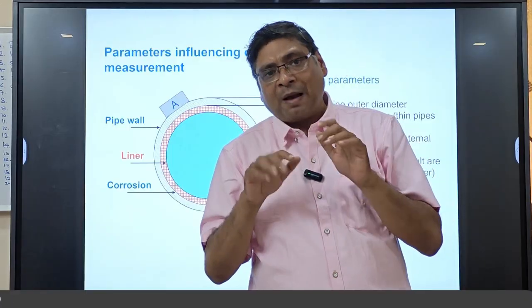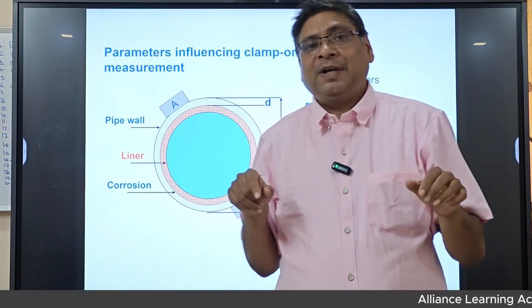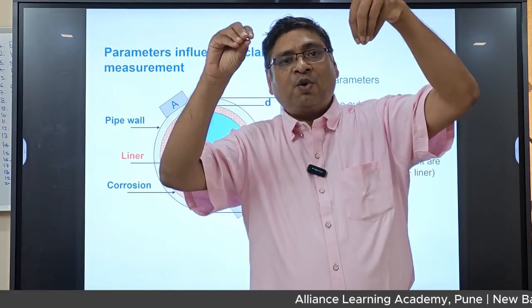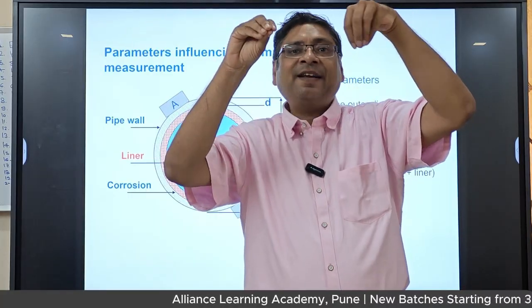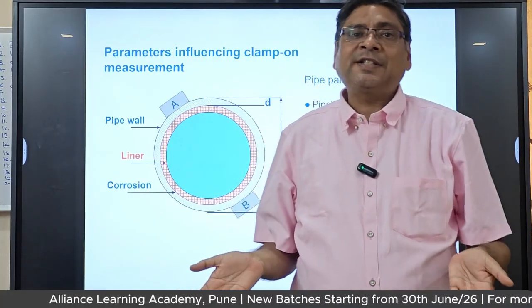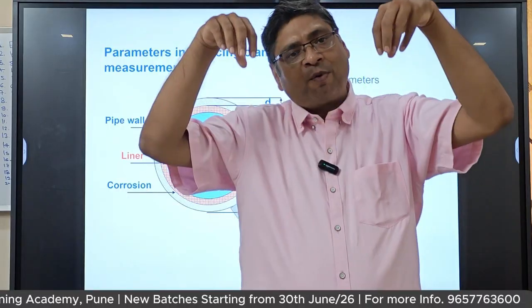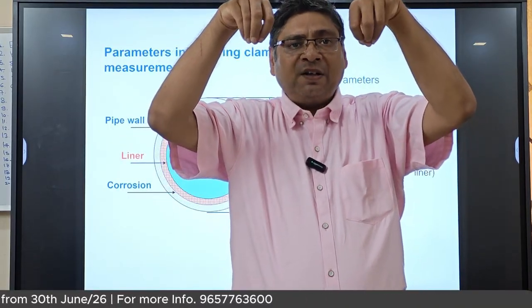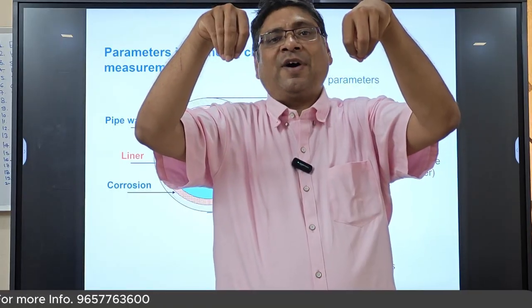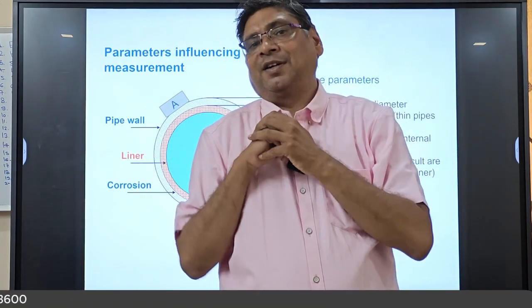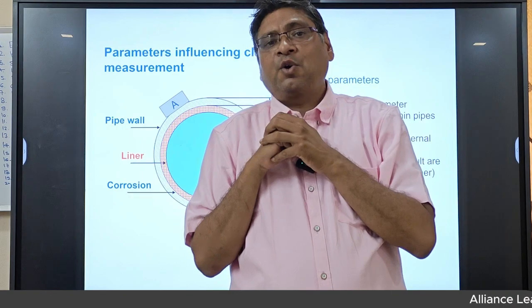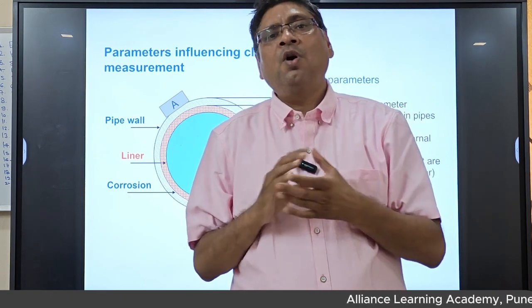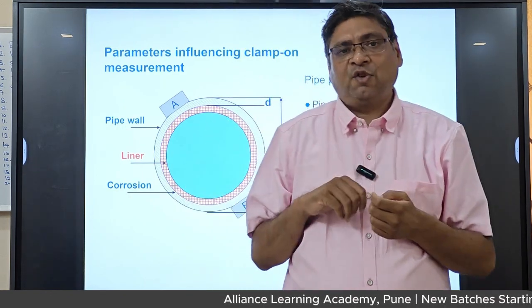When we put in these parameters and the MOC of the pipe, then the distance between the two sensors is calculated by the electronics itself, and we have to erect those sensors at the same distance, otherwise my reading will be different. These are the crucial things we should know while dealing with the ultrasonic flow meter.